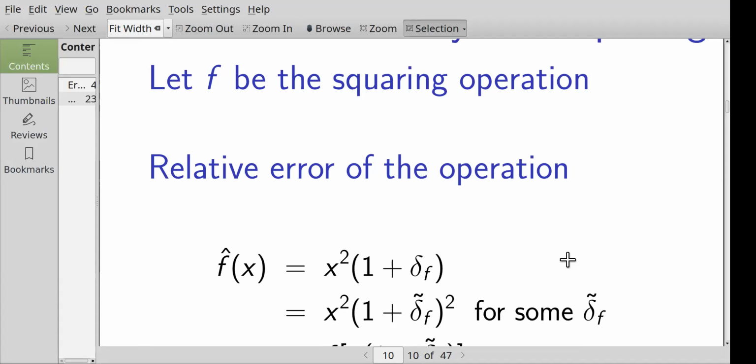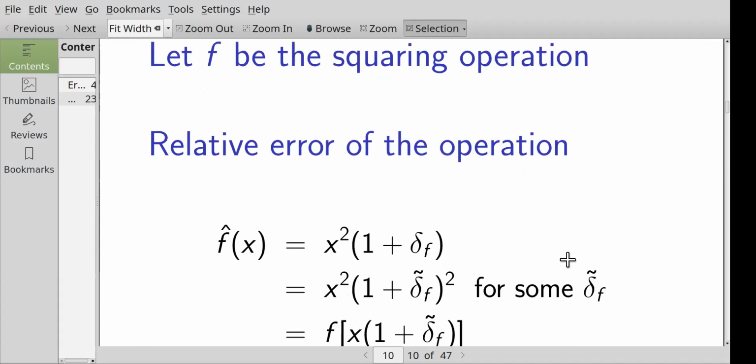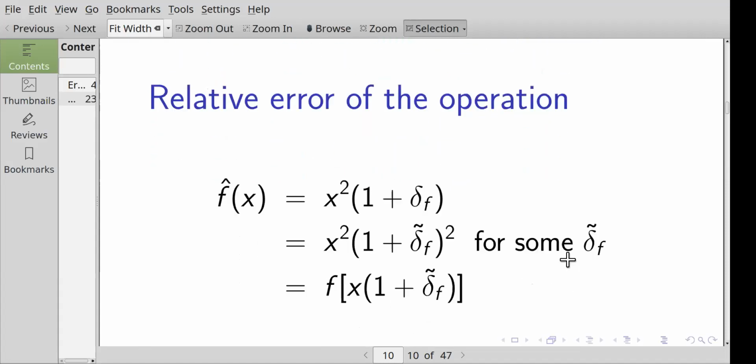Okay, and what I actually want, this would be equal to x squared times 1 plus some delta f tilde squared, for some delta f tilde, you'd have to work out what it is. And so that looks like the perfect operation acting on x times 1 plus some error.